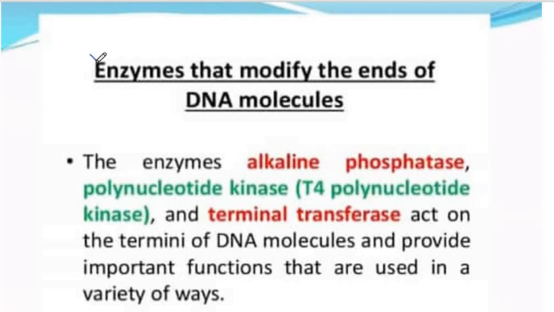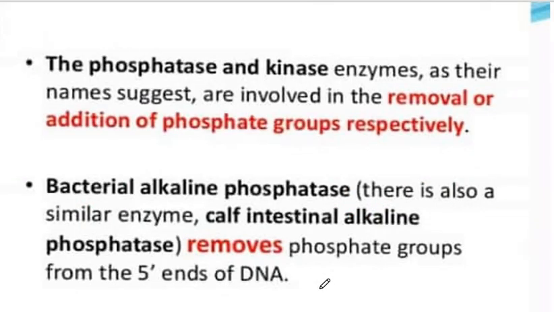There are also enzymes that modify the ends of DNA molecules. We call them modifying enzymes. The enzymes alkaline phosphatase, polynucleotide kinase, that is T4 polynucleotide kinase, and terminal transferase act on the terminal DNA molecules and provide important functions used in a variety of ways.